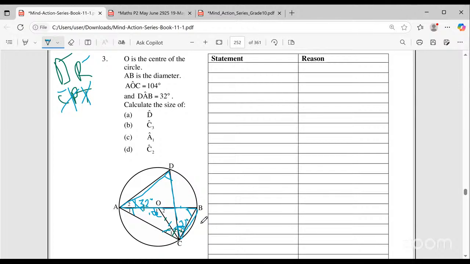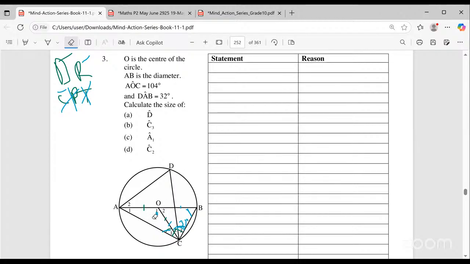Let's dive into the questions, guys. Now we are required to calculate the size of angle D. We can see that angle D is this one, and we were given AOC as 104.